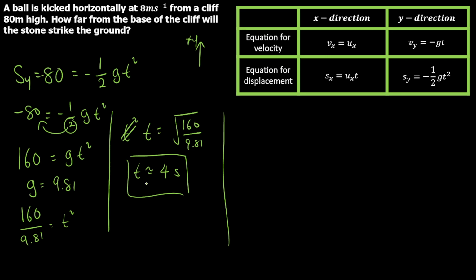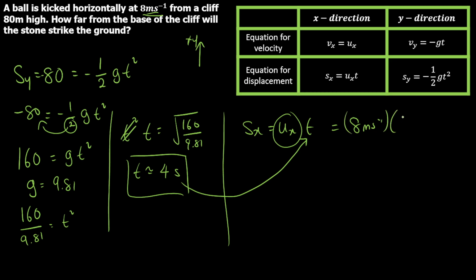Okay, it's when the ball hits the ground, and since we want to find the range, which is Sx, we can immediately substitute the values in. So the t is from the y, this one, and then the ux is given in the question, 8 meters per second. So let's count that out. 8 meters per second multiplied with 4 seconds, and that would give you a value of 32 meters approximately.